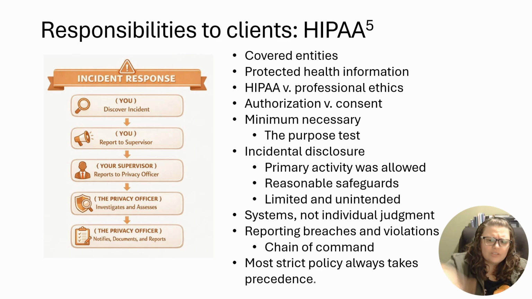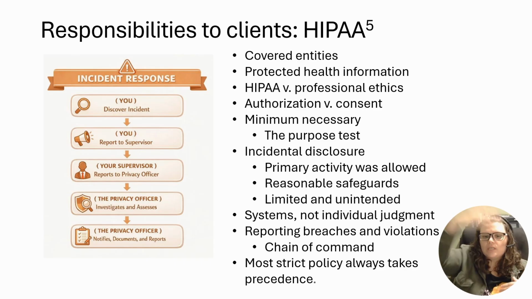And then on this slide, you'll see there's a chain that you're going to follow. I don't know if you can see my mouse. If you either violate or discover a violation of HIPAA, you should be immediately reporting it to your supervisor. And that might be the end of the line for you.